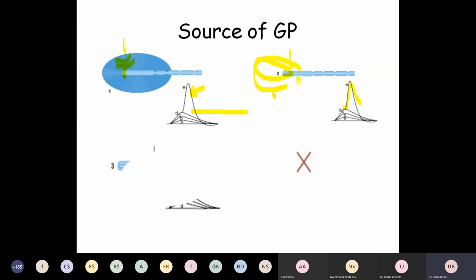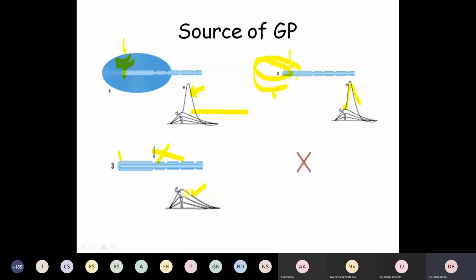In a further experiment, they blocked this first node of Ranvier with a local anesthetic or pressure. If you block the first node of Ranvier and then stimulate the bare nerve ending, you can record only the local potential, the generator potential.